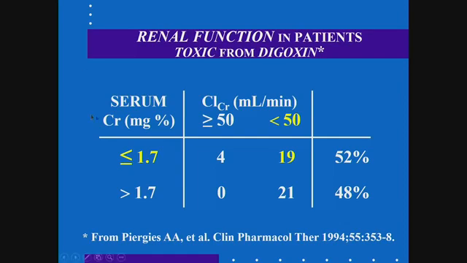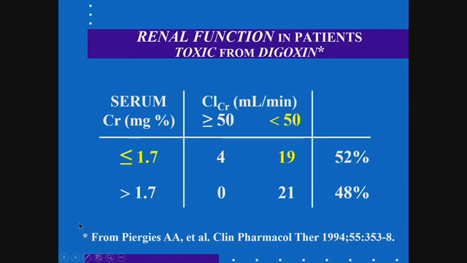What you see here is that in the group of individuals with relatively low serum creatinine concentration, 19 individuals out of 23 actually had an estimated clearance of creatinine that was less than 50.